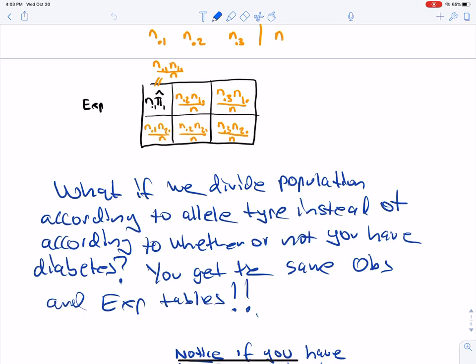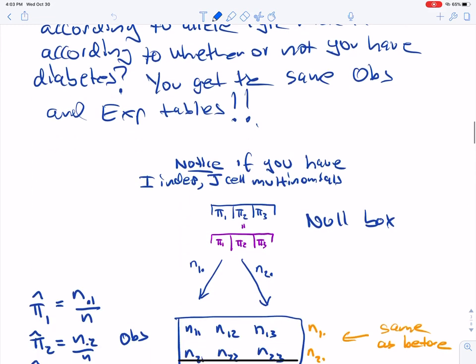So the fact is that you're going to get the same observed and expected tables. Let's just check that.